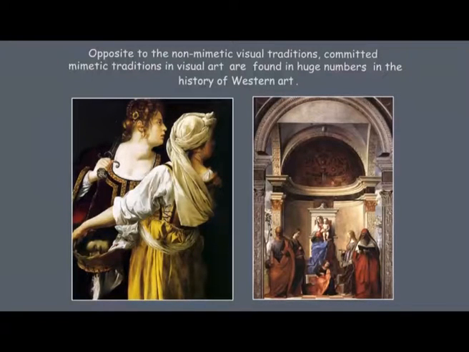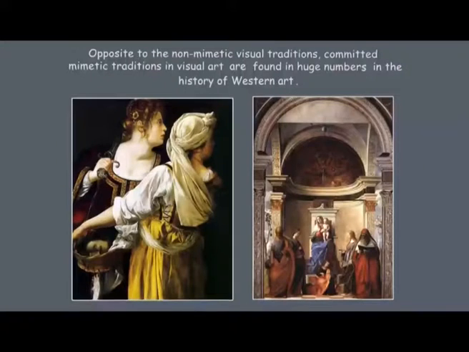But when you look at mimetic examples like this, as opposed to non-mimetic visual traditions, mimetic traditions are usually committed to very strong reference and strong and very convincing rendering of visual forms, and they are found in huge number in the Western art history.